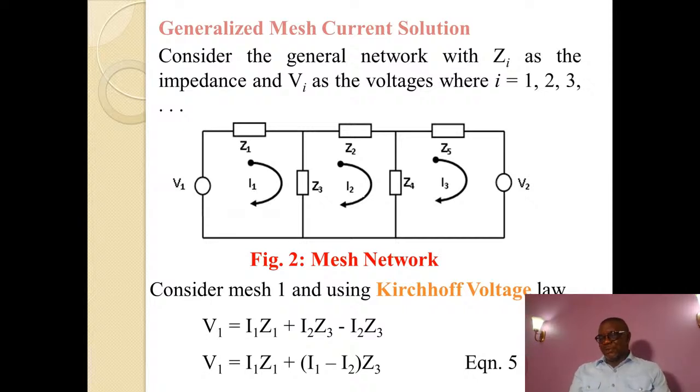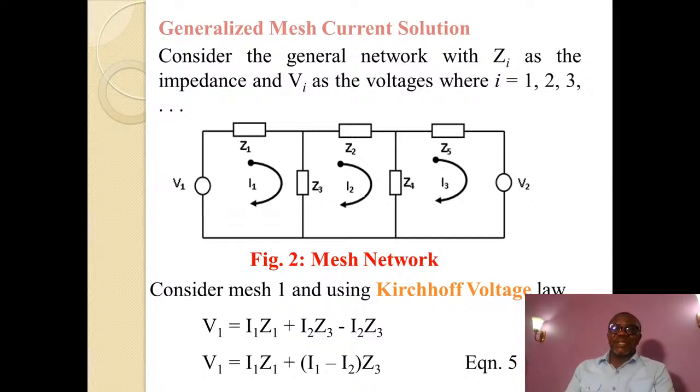The terminals you use to connect have some flux linkages, and that flux linkages must affect the value of the resistance. So we start looking at resistances in form of impedances that have real and imaginary values. And when we start looking at that, we call them impedances. So it will no longer be only the real part. You start considering the imaginary parts.